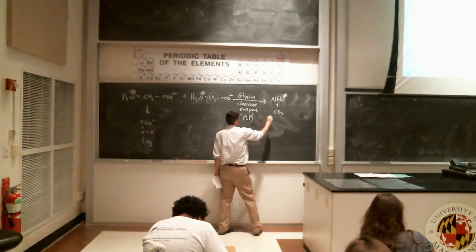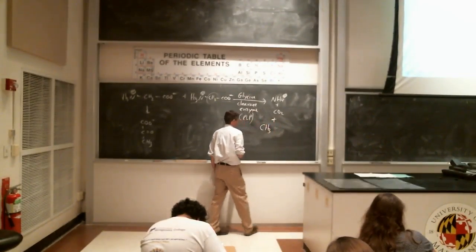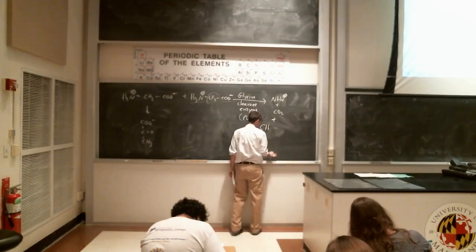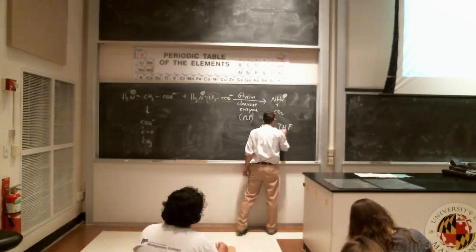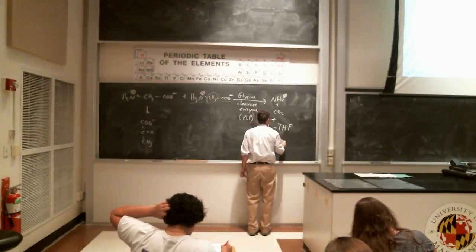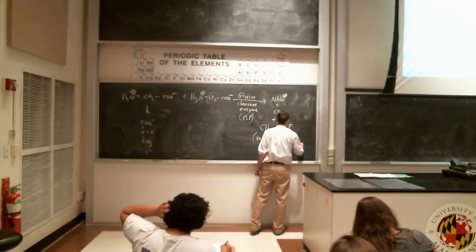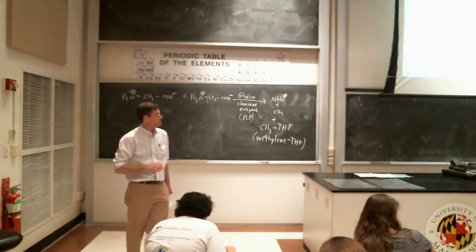So that carbon is released in the form of what I'll draw this way, which you can call methylene tetrahydrofolate. Right, and you call it N5-N10 methylene tetrahydrofolate if you want to.